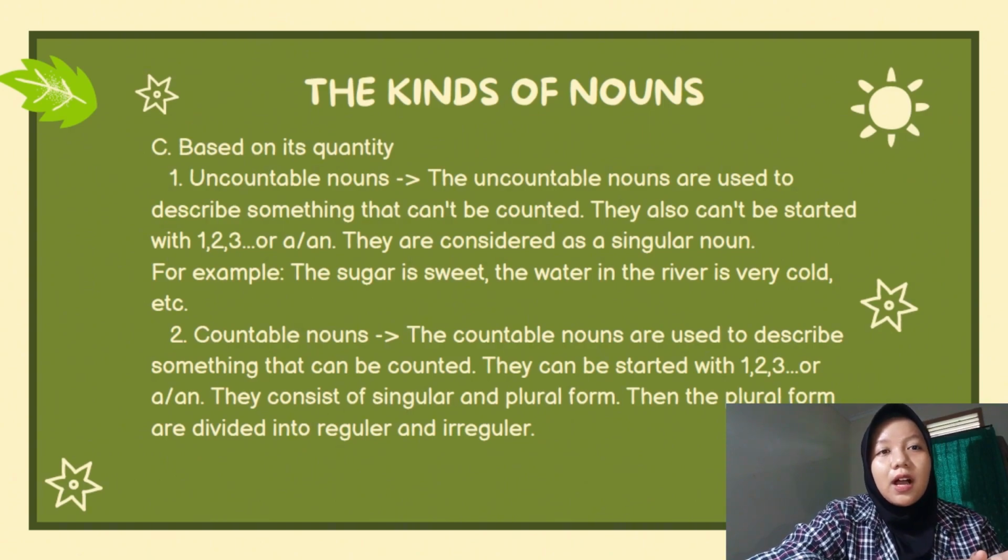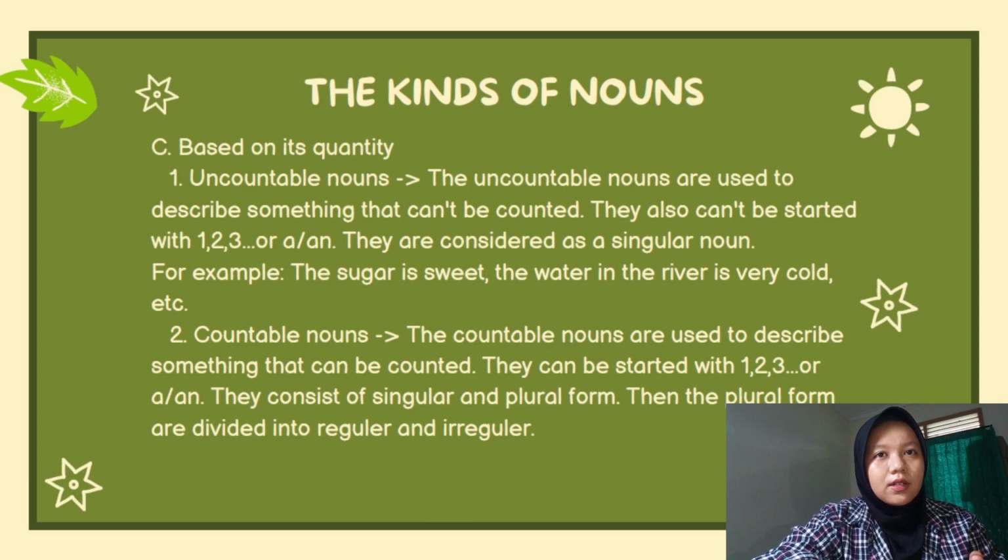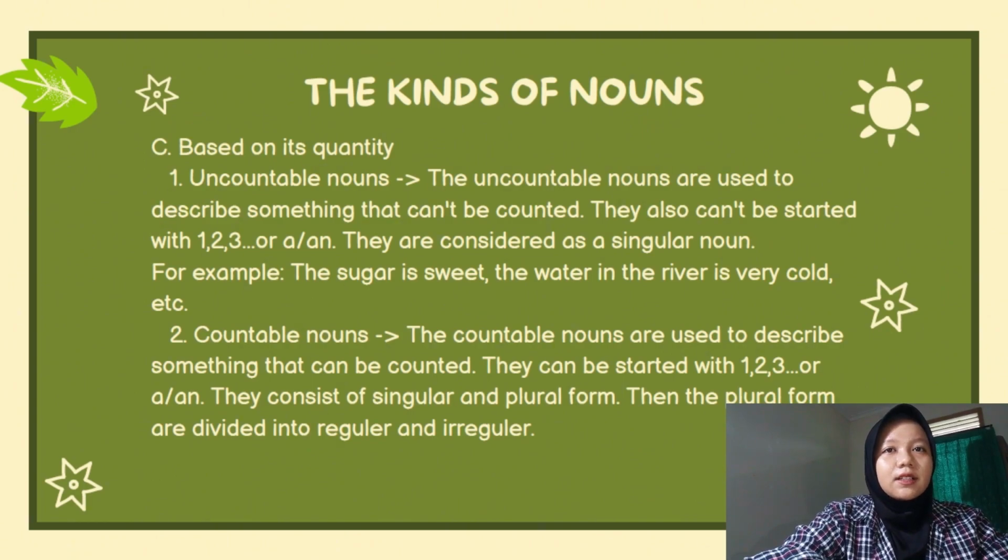And the opposite of uncountable is countable noun. Countable nouns are used to describe something that can be counted. They can be started with number 1, 2, 3, or a, and they consist of singular and plural forms. Then the plural form is divided into regular and irregular.